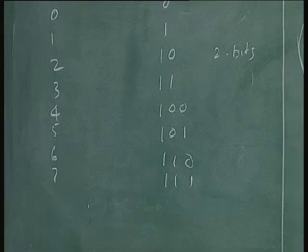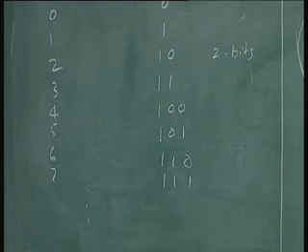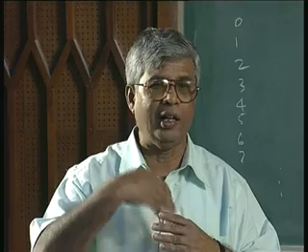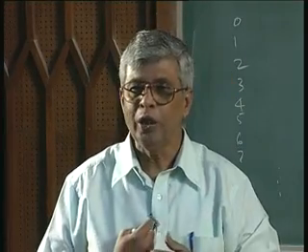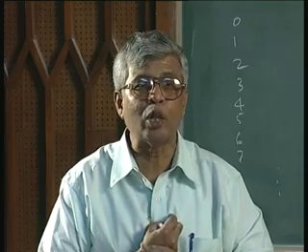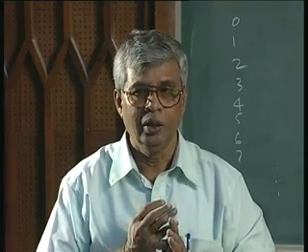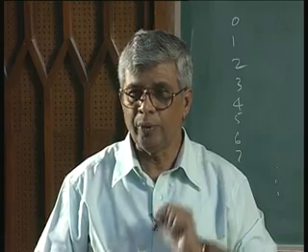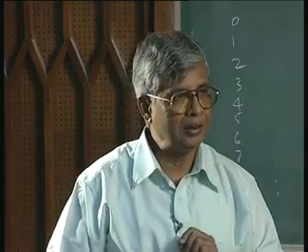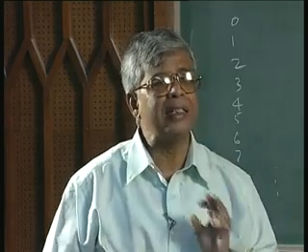Depending on how many discrete values I want my parameter to take in the given range of 0 to 5 volts, I can define the number of bits I will use to represent that number. But it is still discrete.